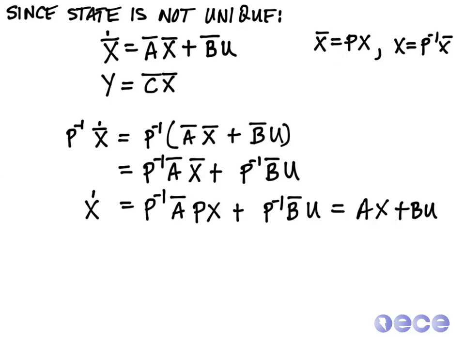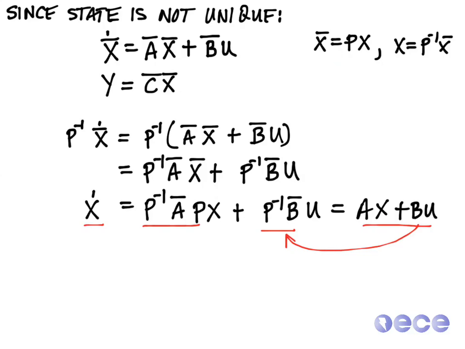And so we can see that we actually get back, since p inverse times b bar, because we defined b to be p inverse times b bar, we recover x dot equals ax plus bu. So the a becomes equivalent to p inverse times a bar times p.